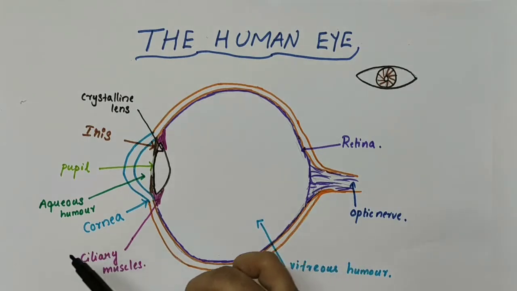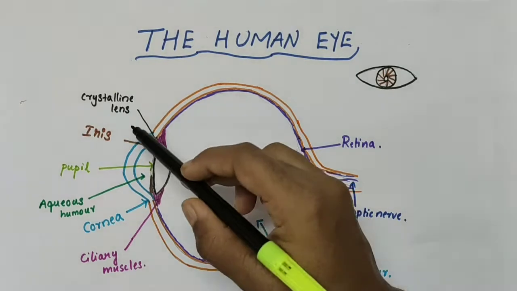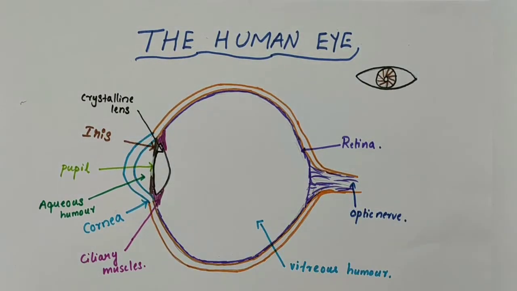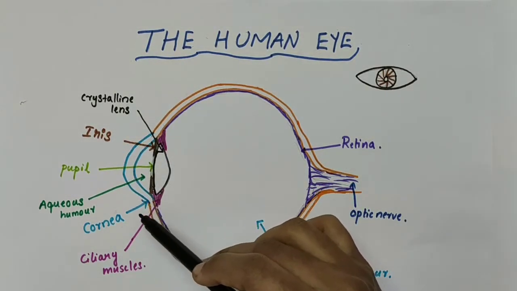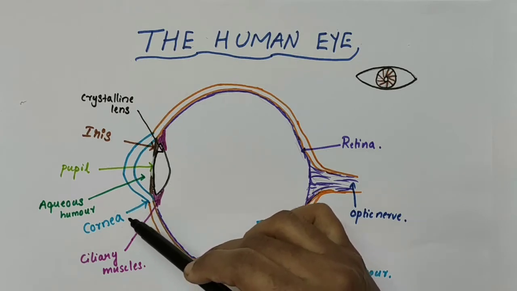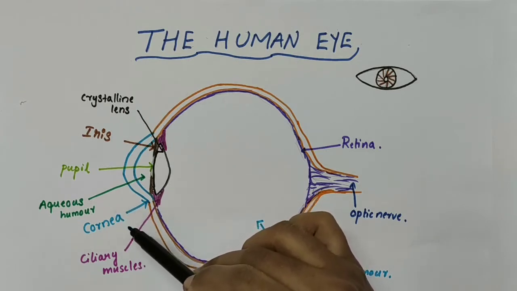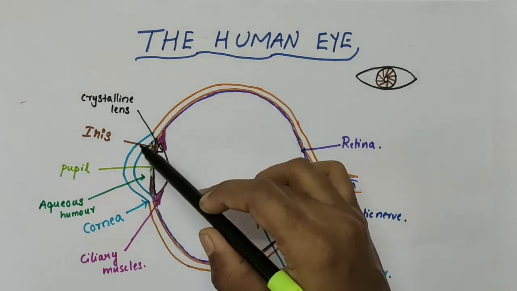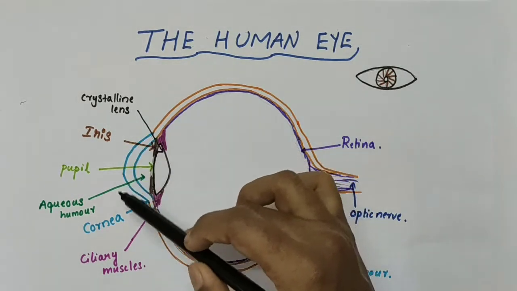This cornea is the outer layer at the front of the human eye. It is a transparent part of the eye. That is, it forms a transparent bulge on the front surface of the eyeball.